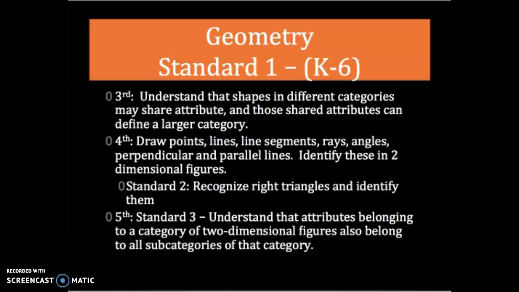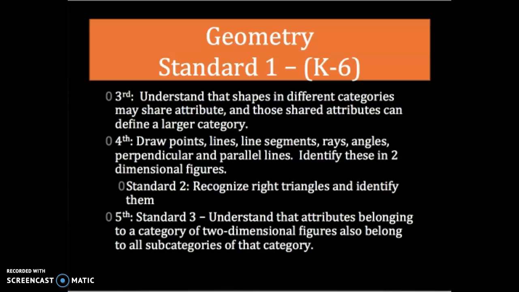So it appears that the standard is different, but it's not, because then they move on and have to identify these lines, points, parallel lines, etc., in 2-dimensional figures, which is still part of their 6th grade standard goal. And then in addition, in 4th grade, they have standard 2, which also helps them in their 6th grade standard 1 to recognize right triangles and identify them.